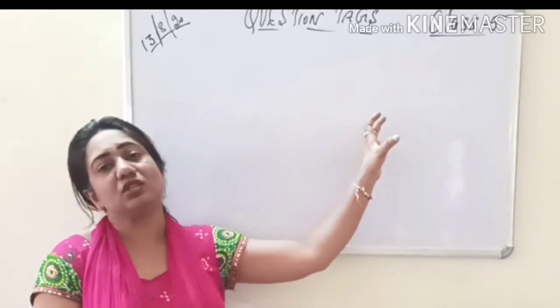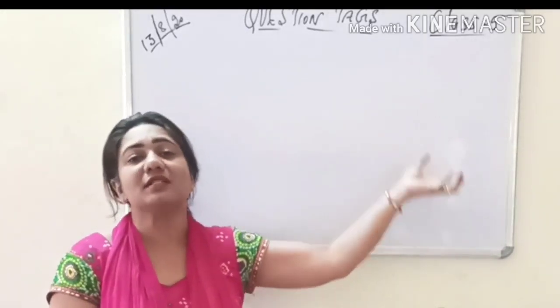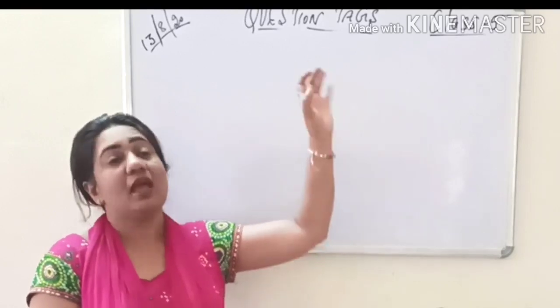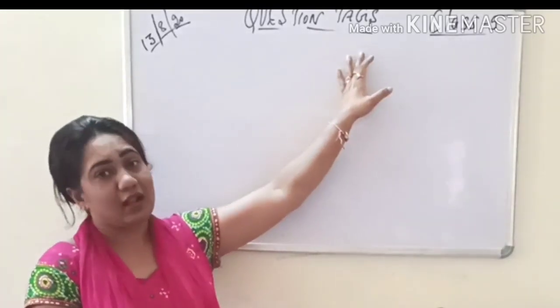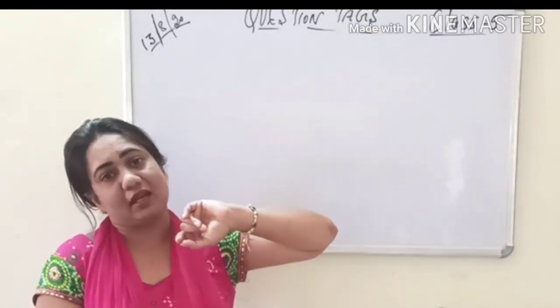Only two things you need to keep in mind. What is a question tag? It is a group of words that come at the end of a sentence and make it a question. A tag includes your helping verb and then your pronoun, with a question mark at the end.